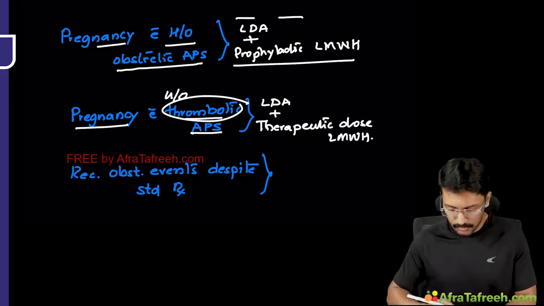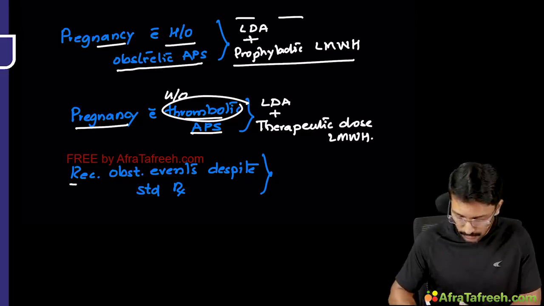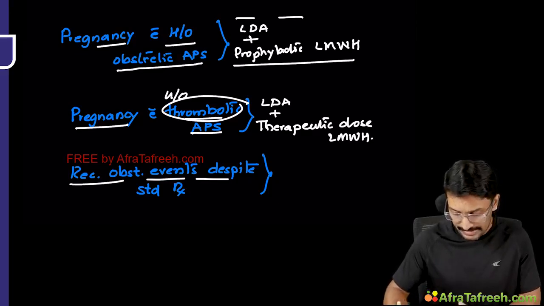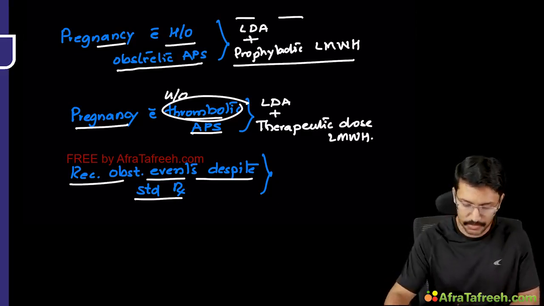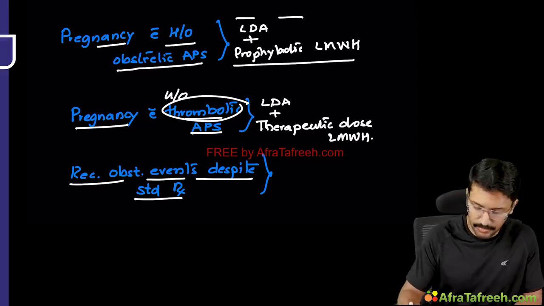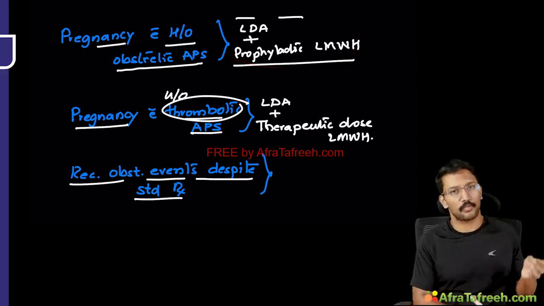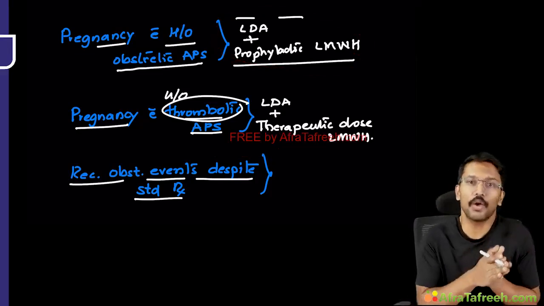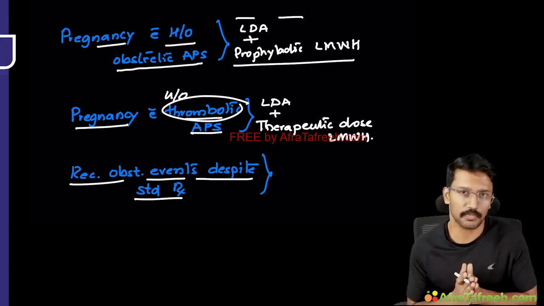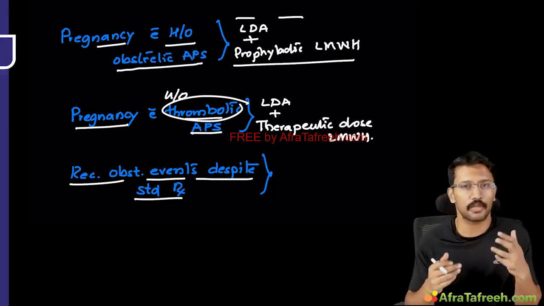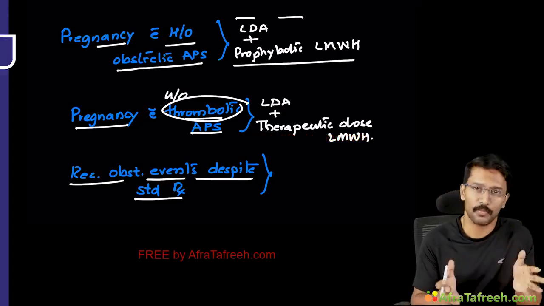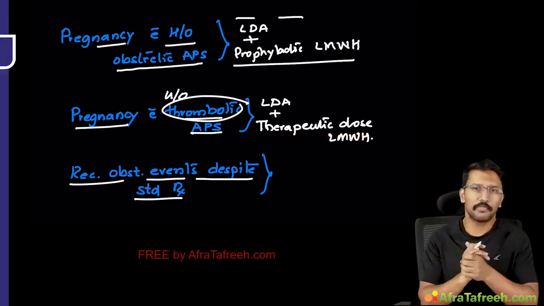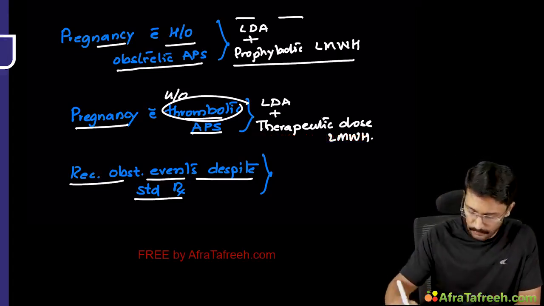Okay. On the other hand, those who have recurrent obstetric events despite standard treatment, like a patient with obstetric APS who has been given the standard treatment during all previous pregnancies, prophylactic low molecular weight heparin and low dose aspirin. Despite that, they continue to have recurrent obstetric events like recurrent premature deliveries, recurrent spontaneous abortions or unexplained fetal deaths. In such cases, we have two options.